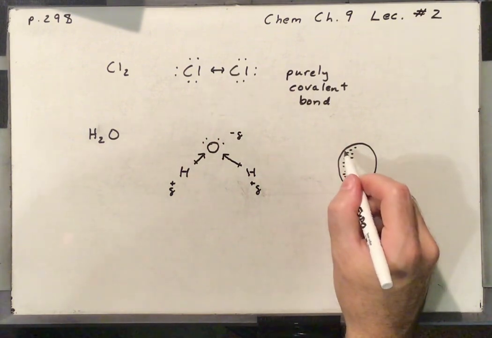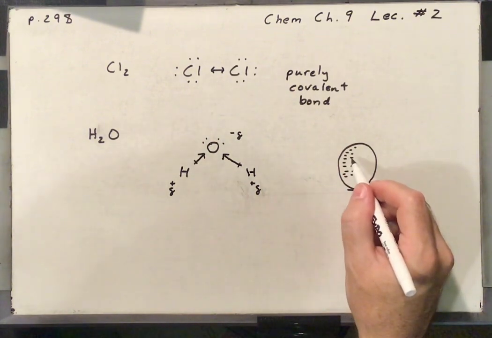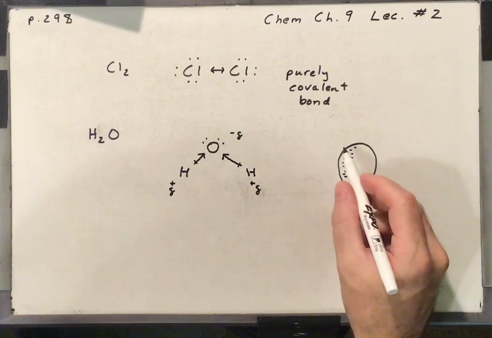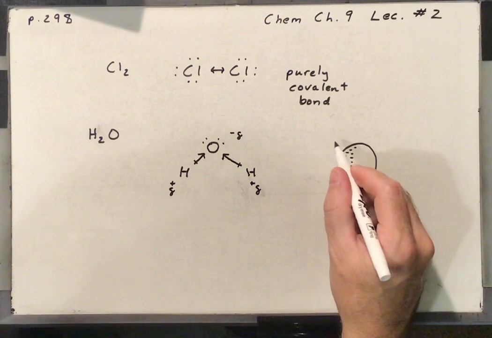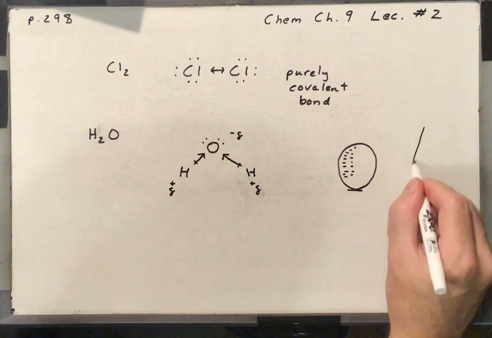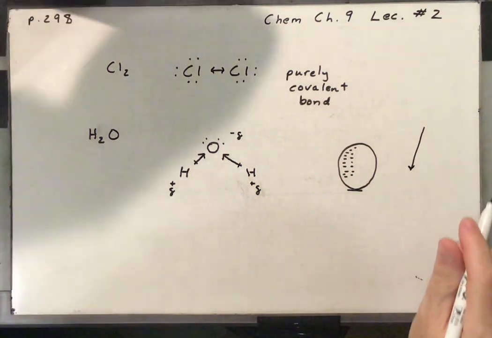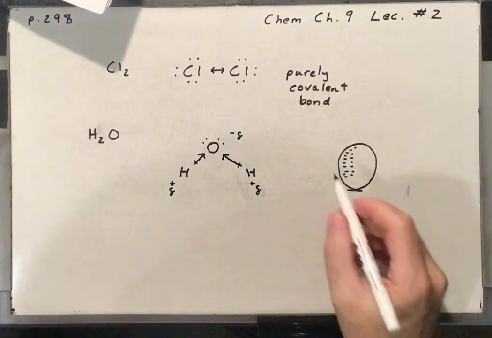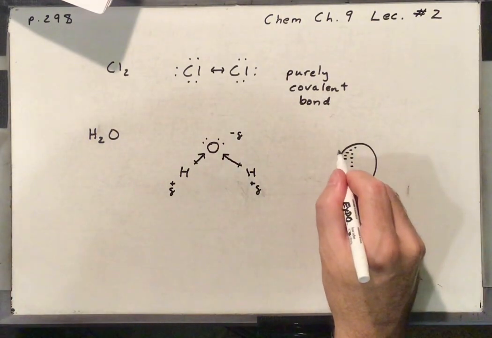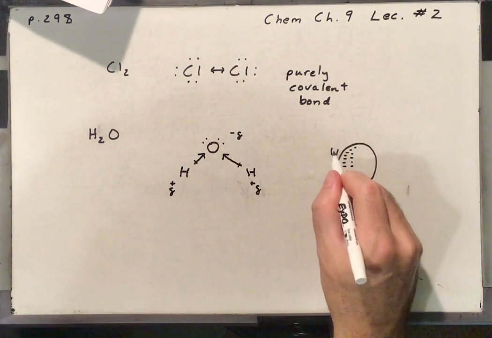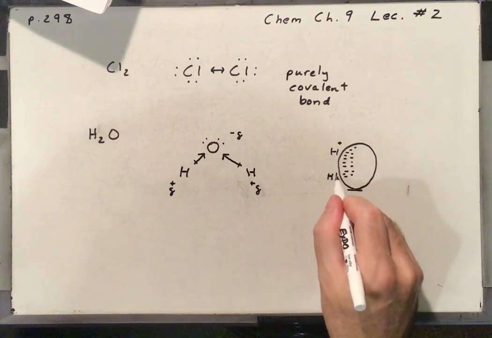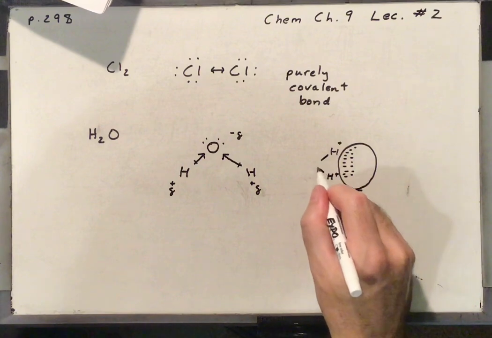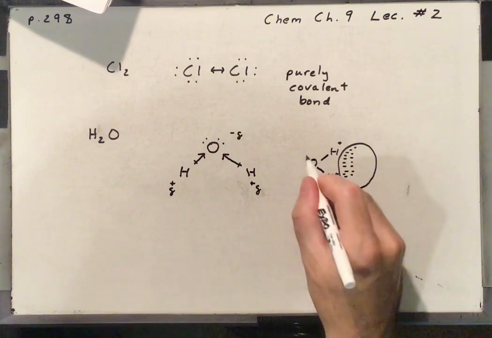I put that balloon next to a stream of water from the sink, and the water will literally pull over towards the balloon. Instead of coming down out of the sink in a straight line, the water will pull towards the balloon. And the reason is because the hydrogens that are partially positive are attracted.